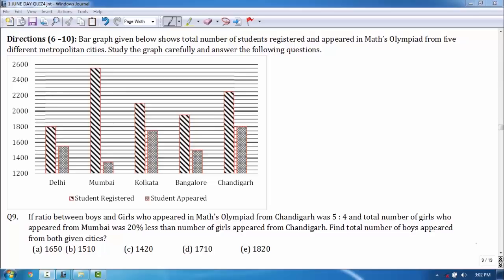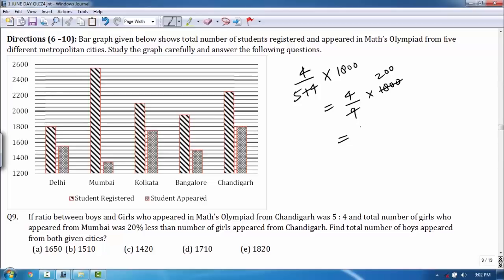So the total number of girls who appeared in Olympiad from Chandigarh will be 4 upon 5 plus 4 into 1800, which is 4 upon 9 into 1800. So that will be equal to 800.